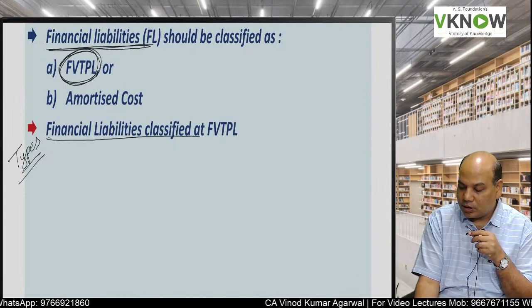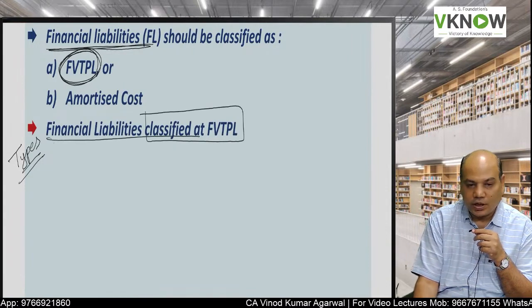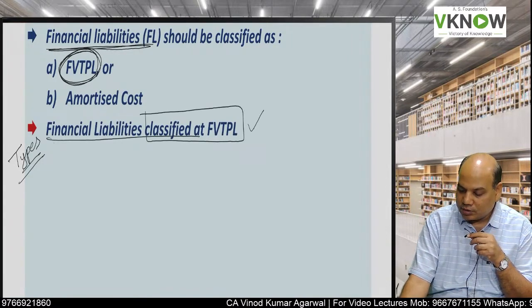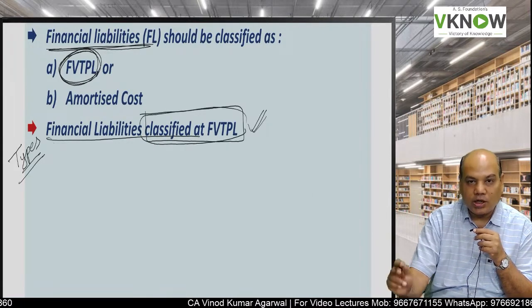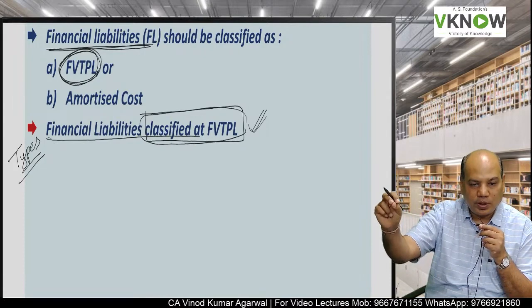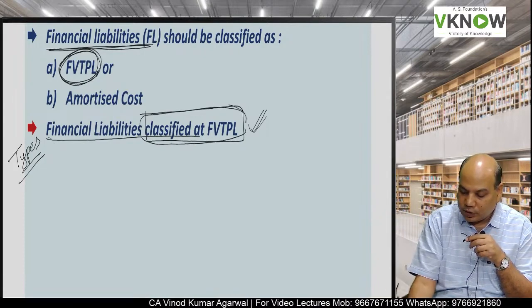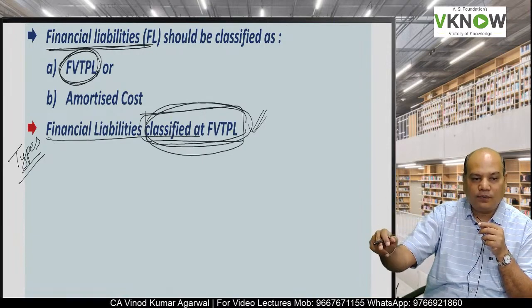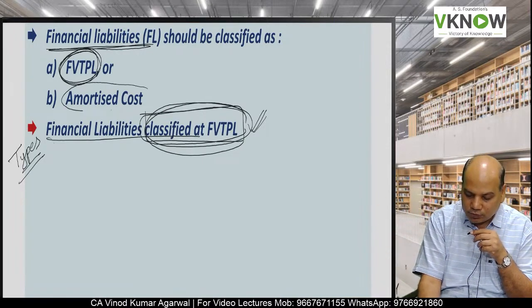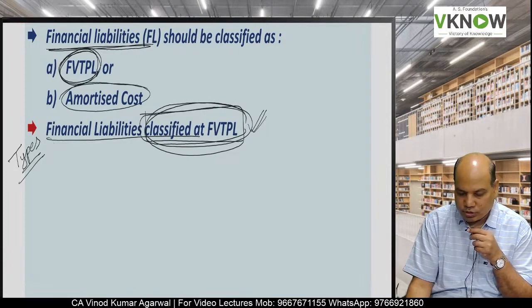The following financial liabilities will always be treated as FVTPL. So check this one. If it fits into the following financial liability, it will always be FVTPL. And if it is not FVTPL, then it will be amortized cost.